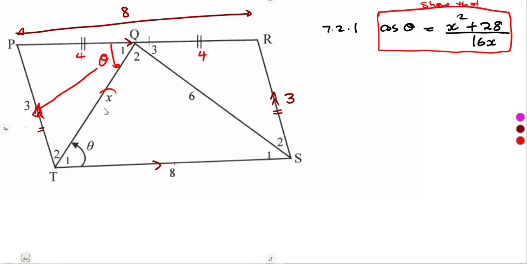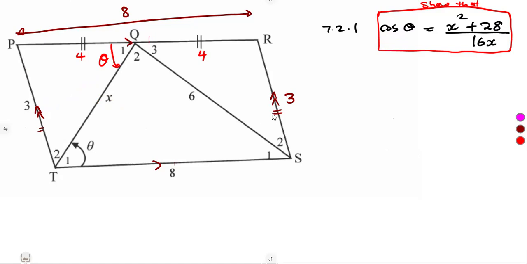There is x, but we do not have this angle P. So we are somehow limited there. If it was something to do with the sine rule, we would use the sine rule, but here there is a cos. So definitely they want us to apply a cos.